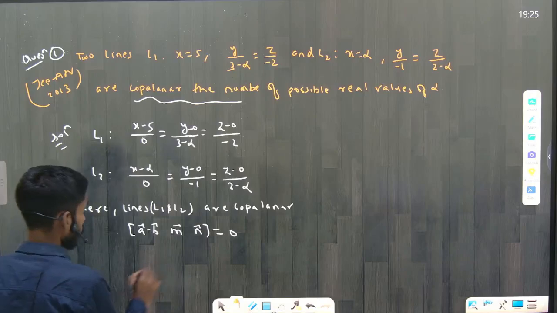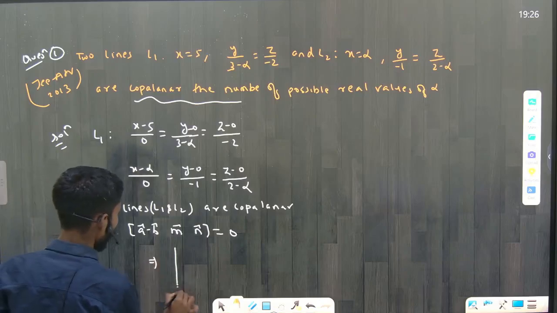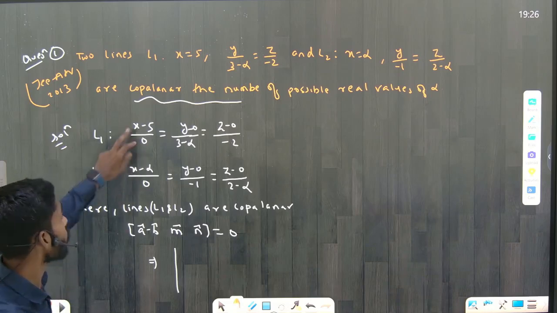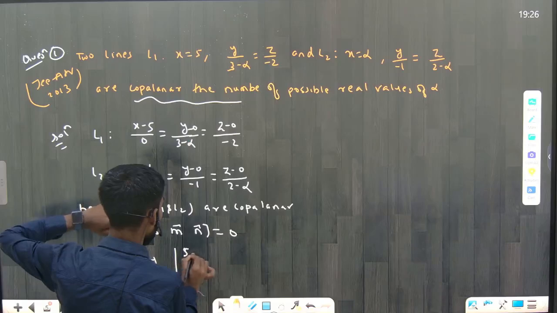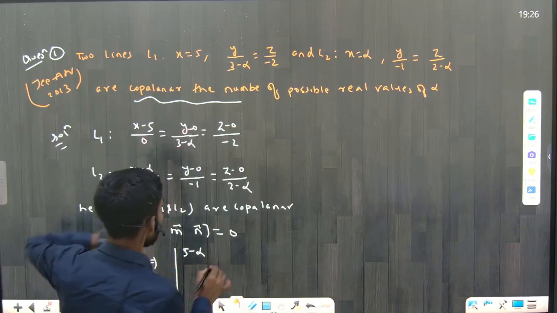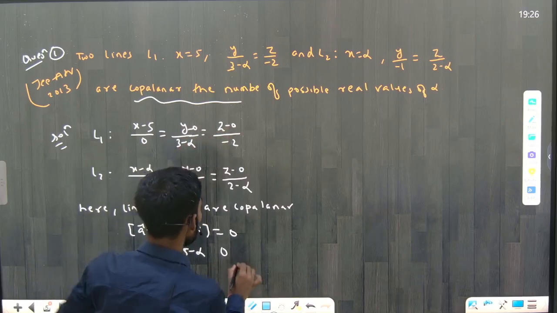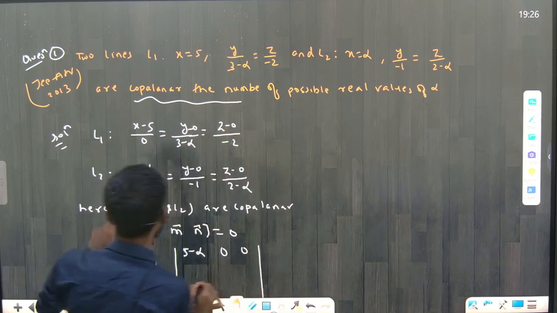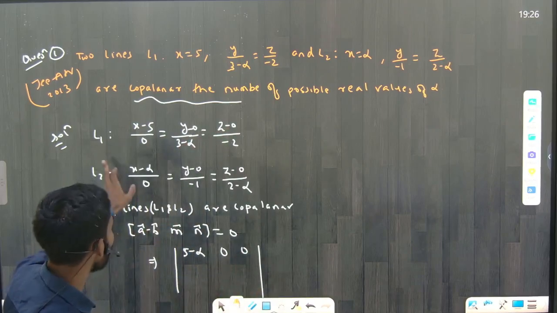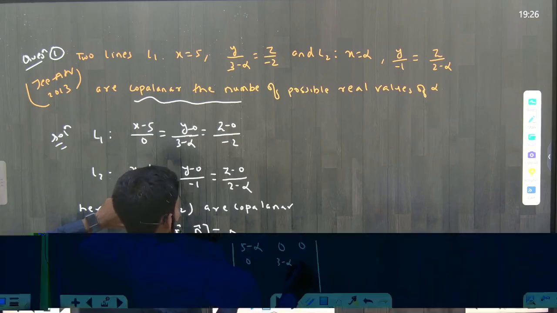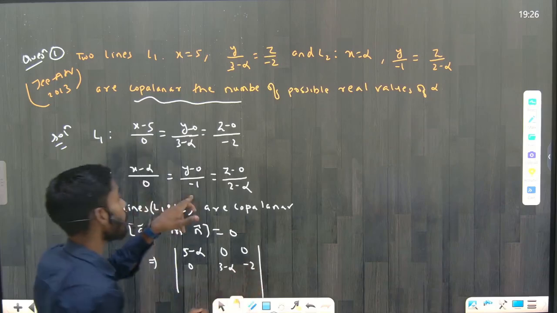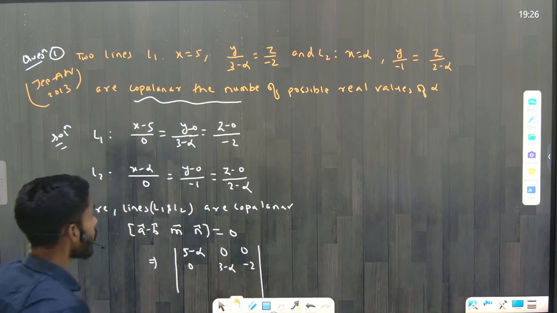Then a vector minus b vector: the difference of the x coordinates is 5 minus alpha, 0 minus 0 is 0, and 0 minus 0 is also 0. And write the parallel vector here: 0, 3 minus alpha, minus 2. These are also known as the direction ratios.